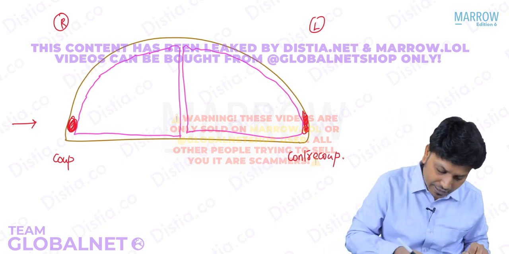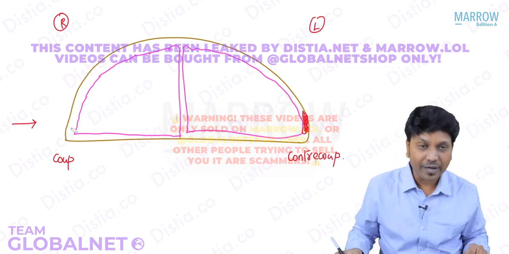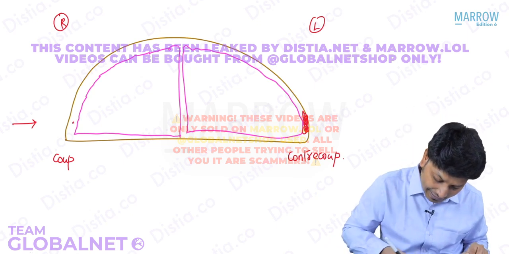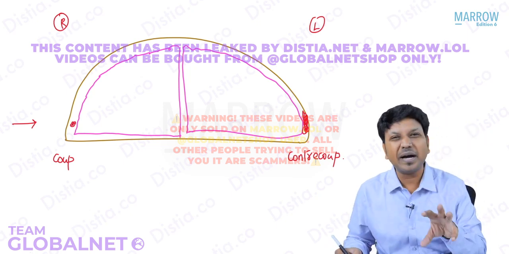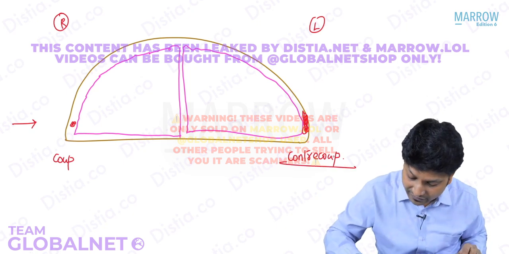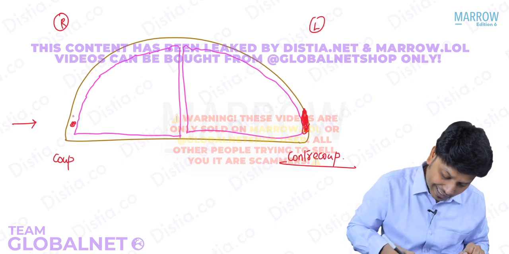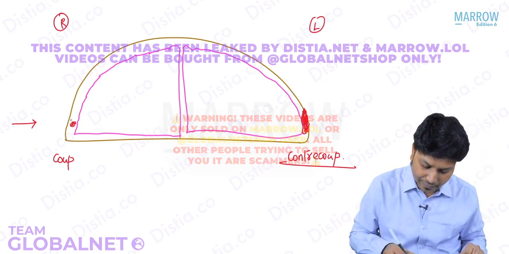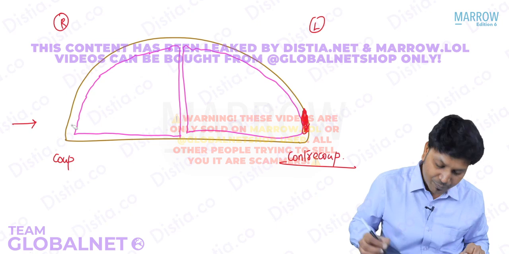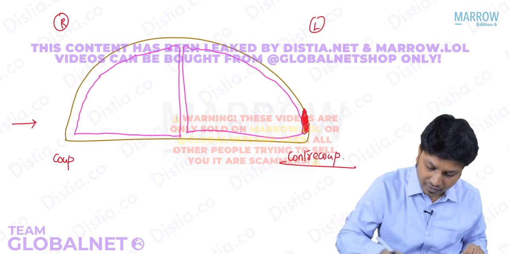Now what happens, when you hit on this side, sometimes you may get only a very mild injury on the coup side, but the contracoup will be very, very severe. Or sometimes you won't get any injury on the coup side. The coup side will be perfectly fine, but still on the contracoup side we can get injury.